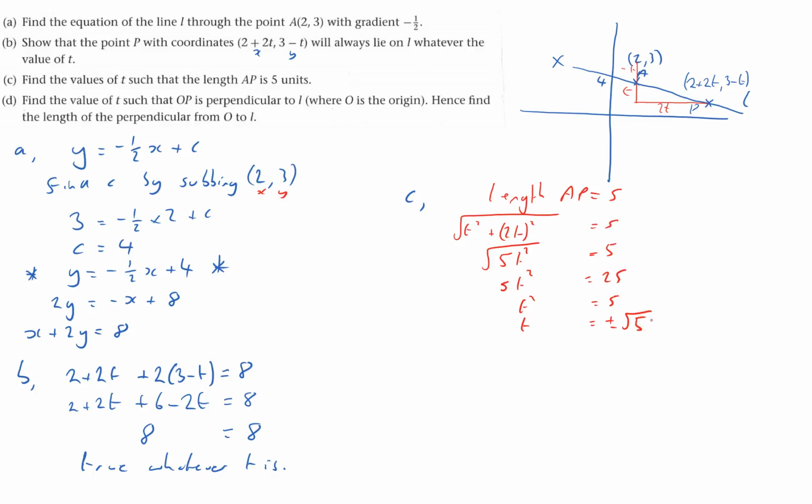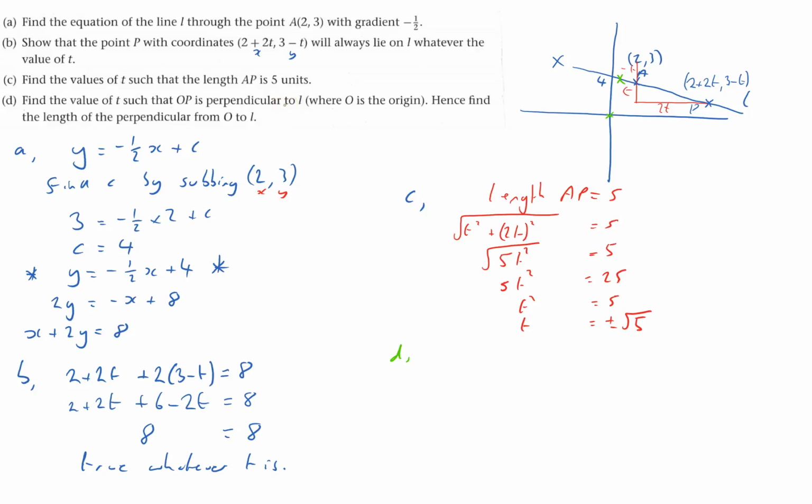And now we've got to find the value of t such that OP is perpendicular to L. So I'll do it in green, that's O, so P is going to be there. And again, the coordinates are the same, 2 plus 2t and 3 minus t. We want to find out where P is to start off with.